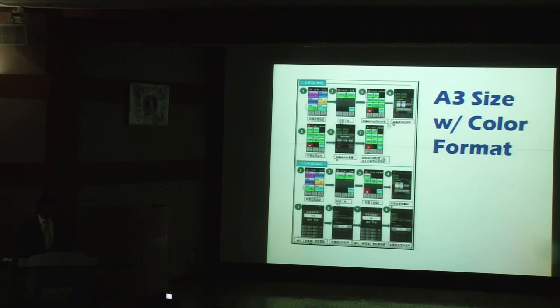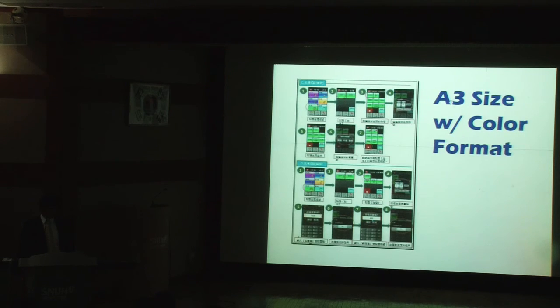Our training map, the learning map, was printed on A3 size. So what does that mean? Usually we only provide them with paper in A4 size, right? But we want to ensure they can read the design carefully and show them the real application size on our map.